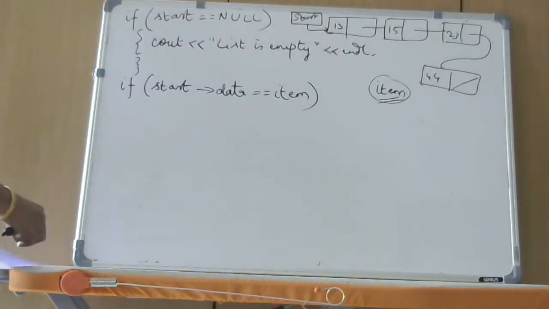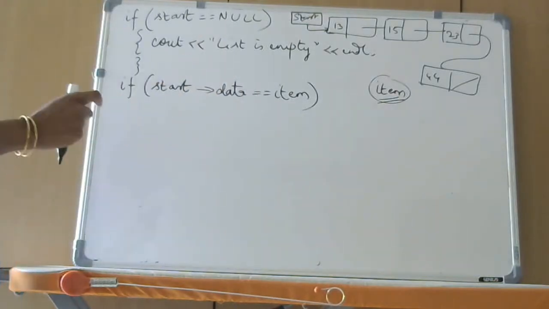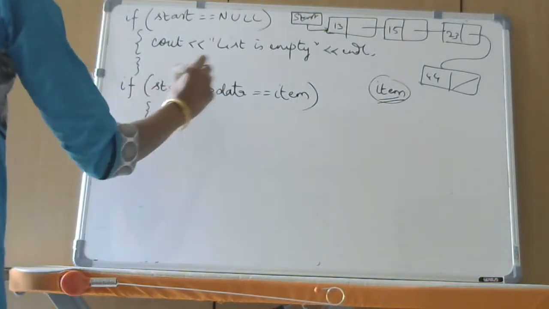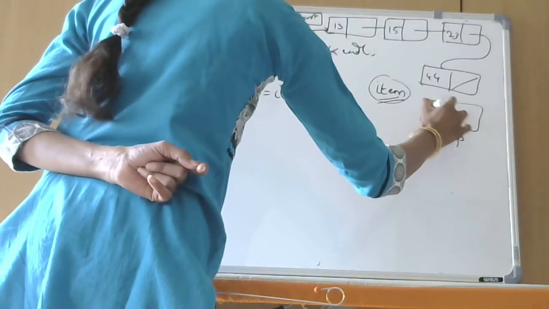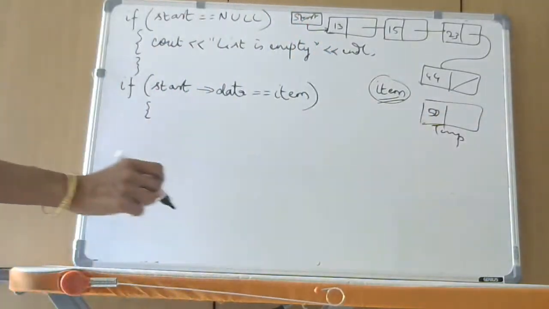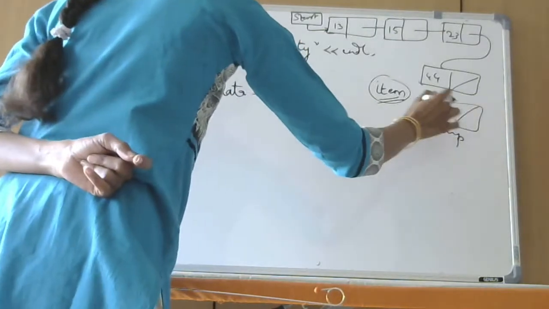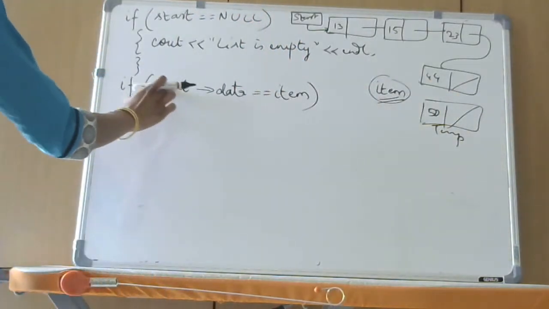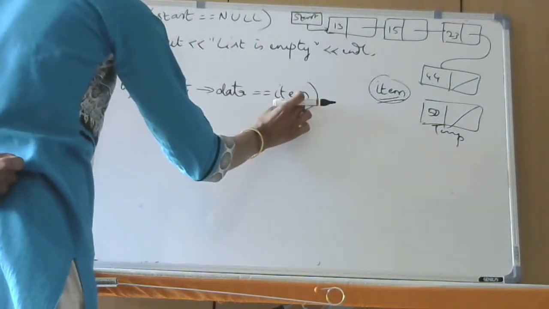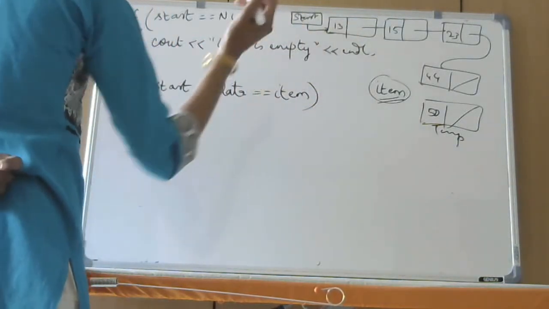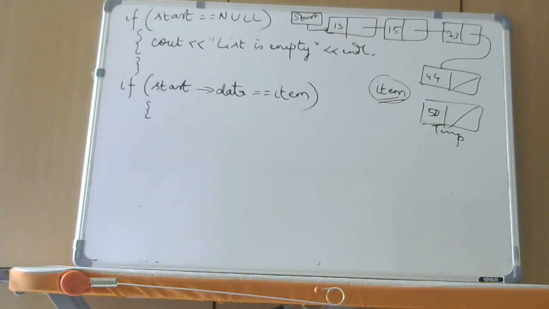If this condition is satisfied, then temp is my new node. Let me say 50 is the value that I want to insert. If start of data is equal to item, that means before 13, I want to insert the node temp.